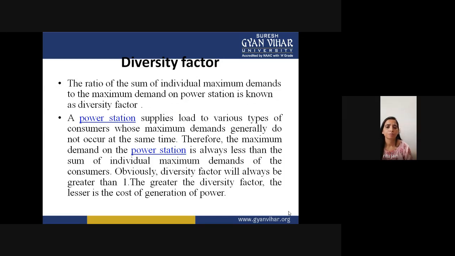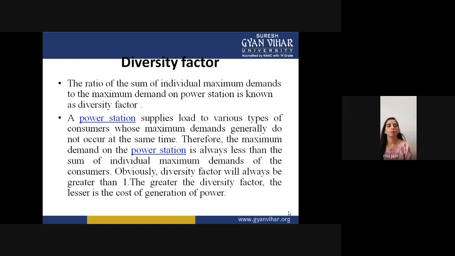So load factor is always less than 1 because the formula of load factor is average load upon maximum demand, and average load is always less than the maximum demand of a particular consumer. But you can differentiate these two: load factor you calculate for a particular consumer, but diversity factor you calculate for a group.